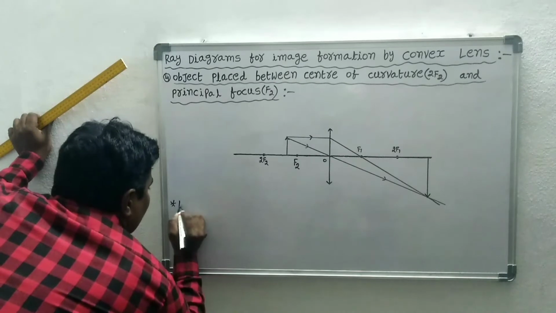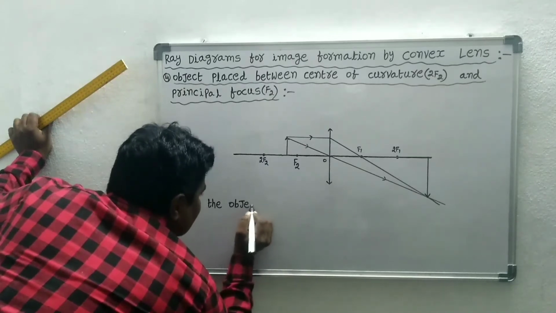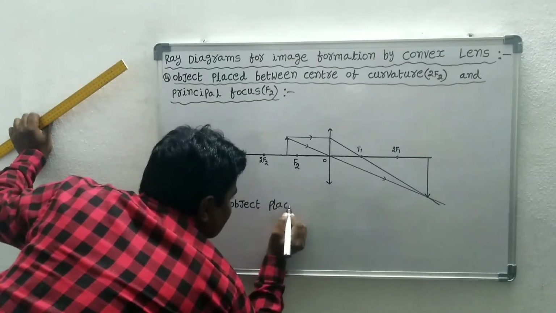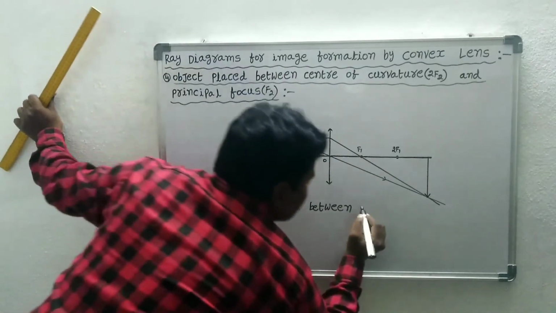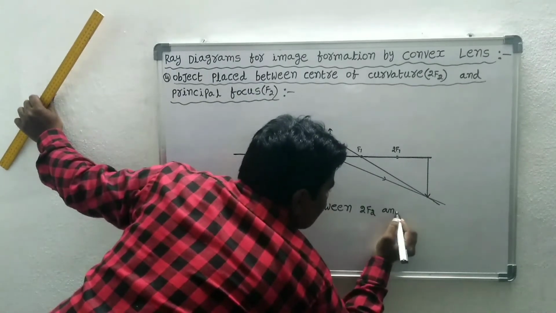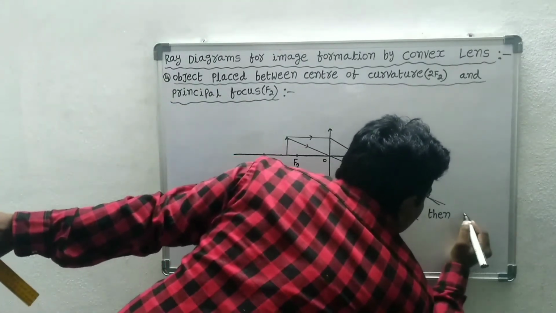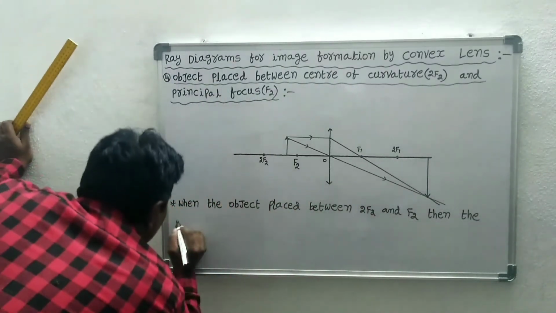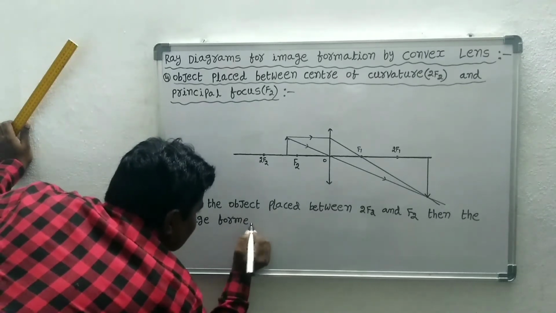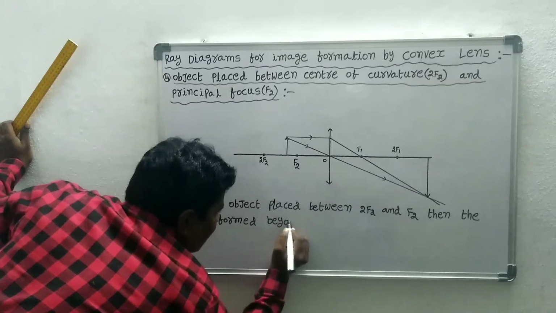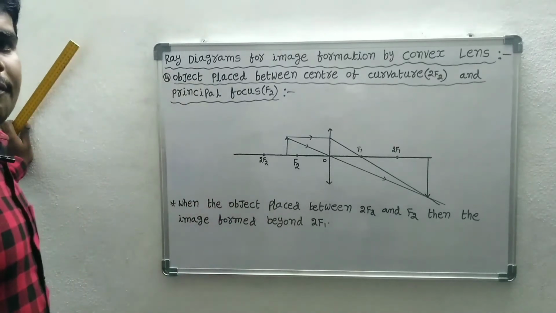So when the object is placed between 2F2 and F2, then the image is formed beyond 2F1, that is center of curvature.